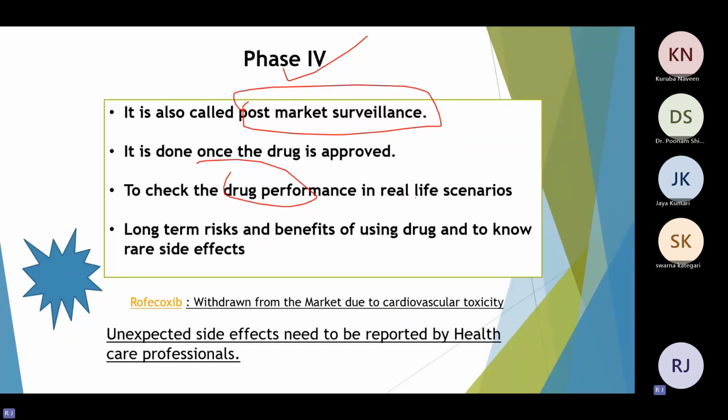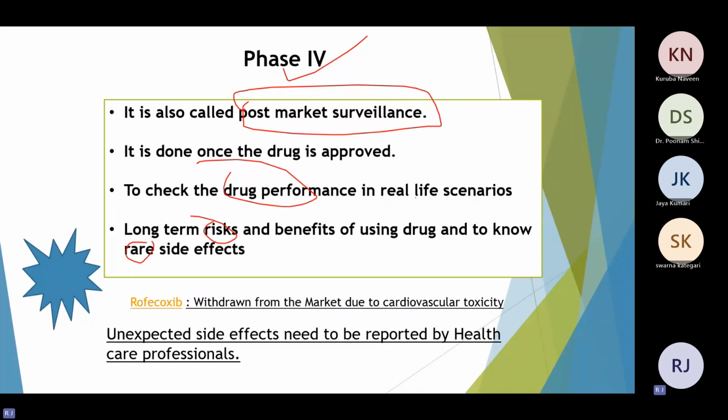Because the drug is tested in a smaller number of people, say like 1,000, 3,000. But once the drug is approved, it is going to be used by lakhs of people or crores of people. So we have to determine the risk and benefit of the drug on a long term basis, and we have to determine the real side effects. Any side effect which happens like once in 10,000 or once in 30,000 people cannot be determined in any clinical trial.